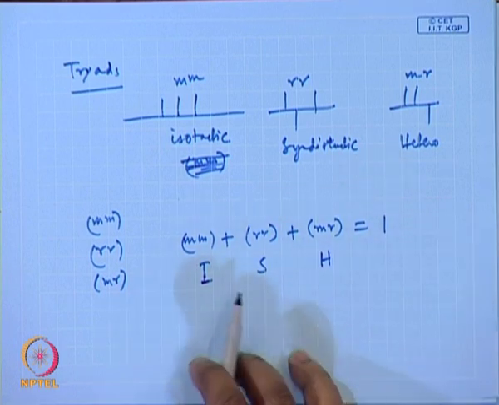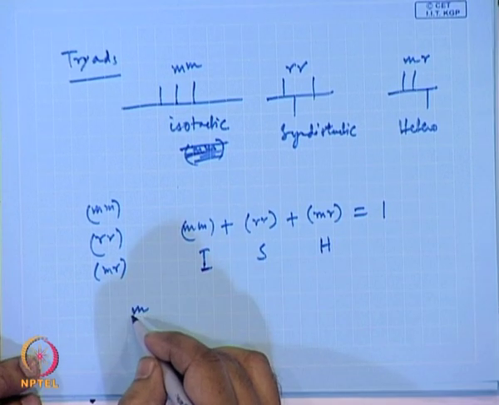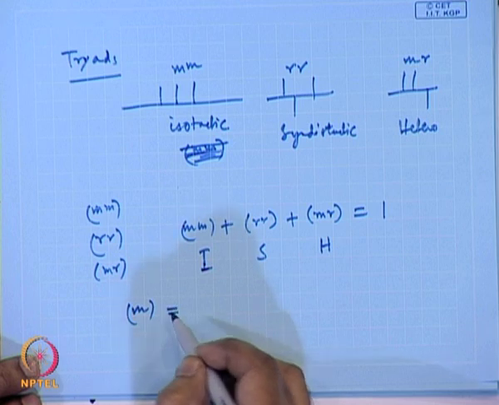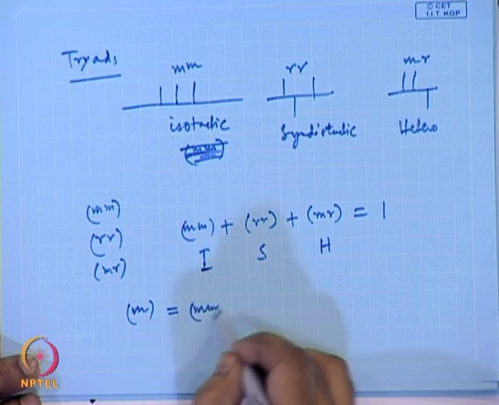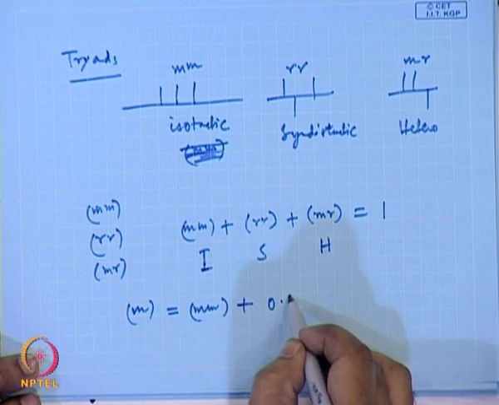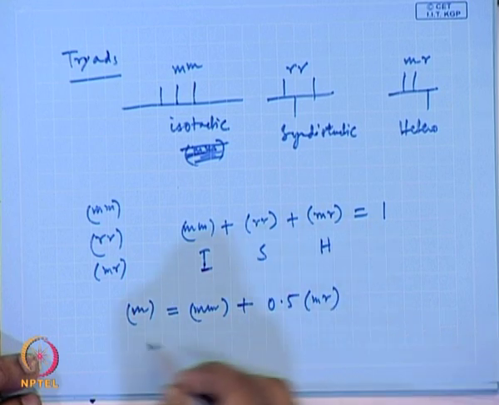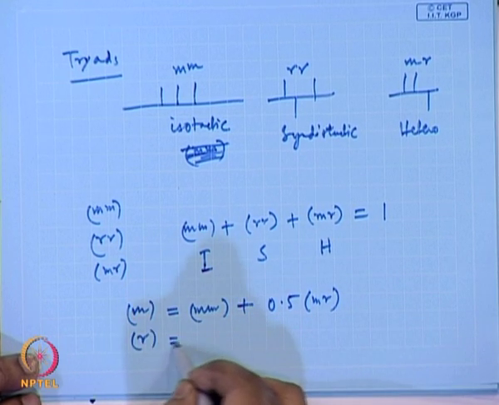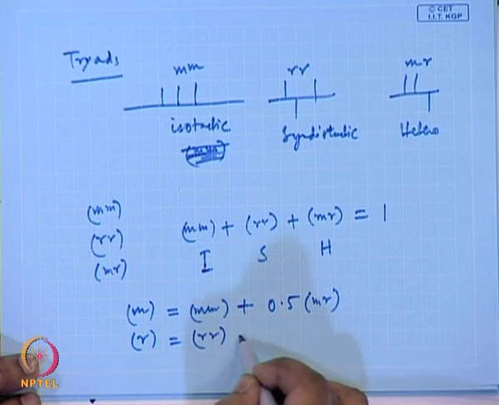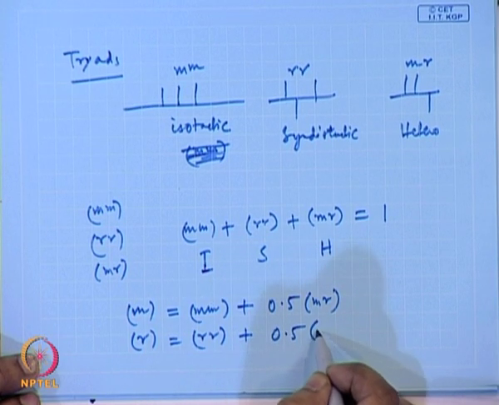Now, we can easily write, from this expression, you can do it yourself, M equals MM plus 0.5 MR and R equals RR plus 0.5 MR.